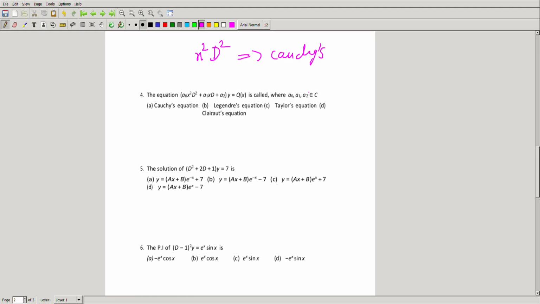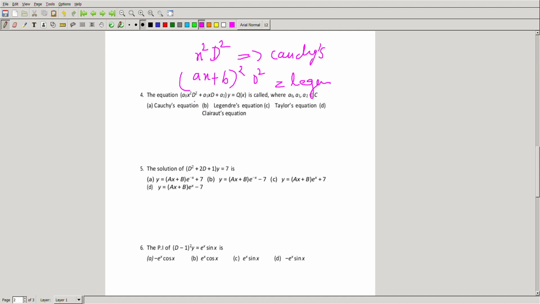Before D square multiplied with ax plus b the whole square, a linear equation, into D square, that is called Legendre. Okay, understood. So once you multiply only x square, it is Cauchy. Once you multiply ax plus b the whole square, it is Legendre. Okay, so this is the thing.